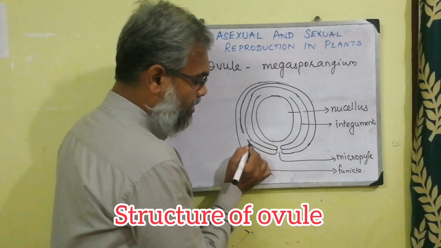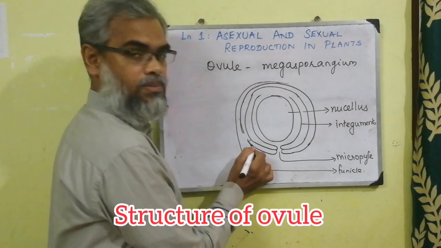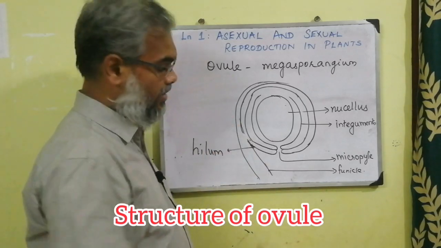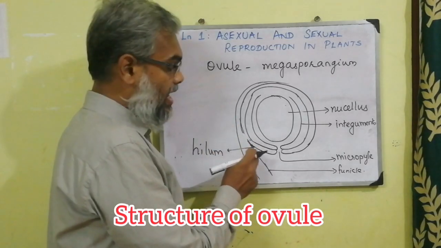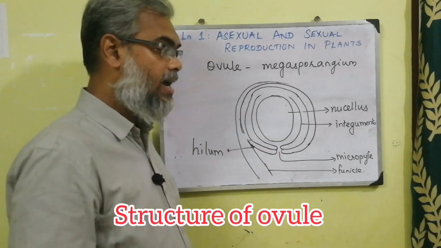Where the funicle attaches to this ovule, this portion is called the hilum.